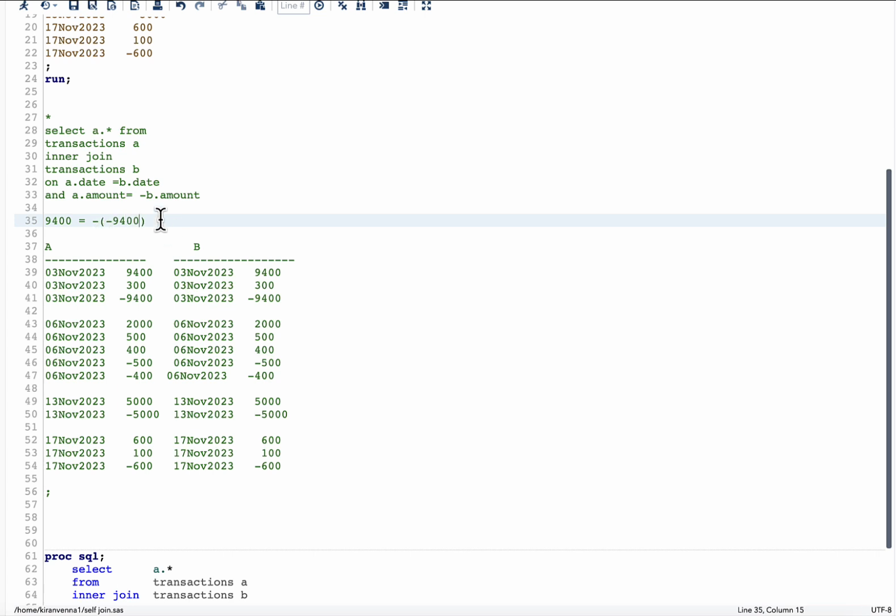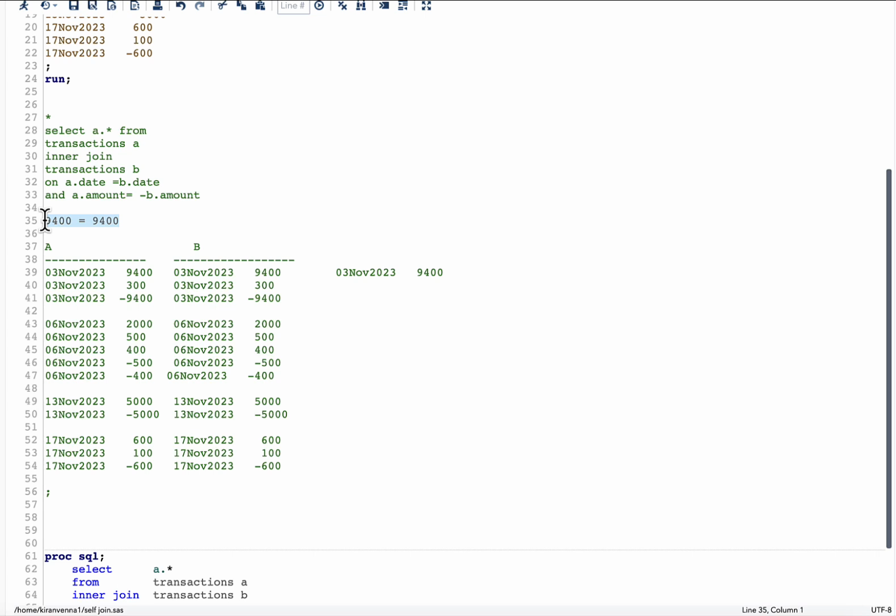So this becomes 9400 because minus into minus is plus. So both of these values after adding minus become the same. So this observation is selected. As in the code, I have also written select a dot star. Now I can pick from here and paste it in here as our result.